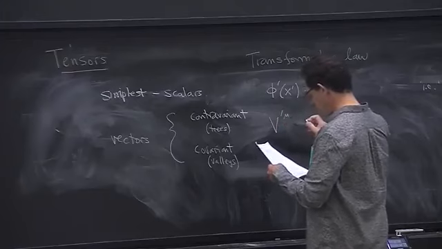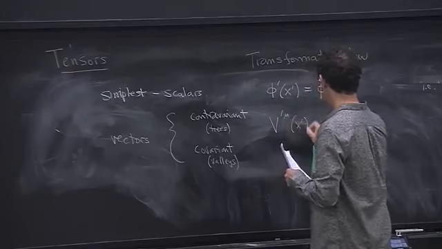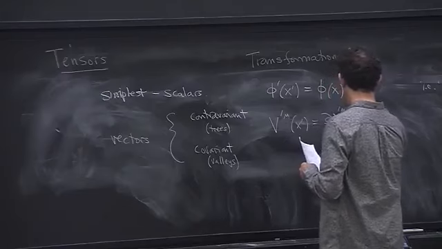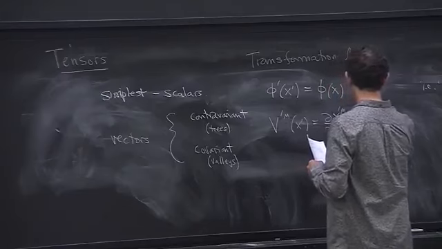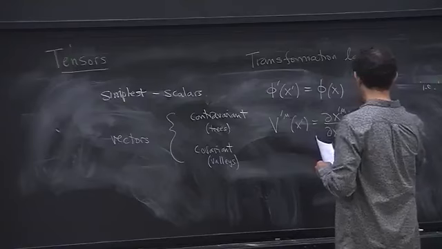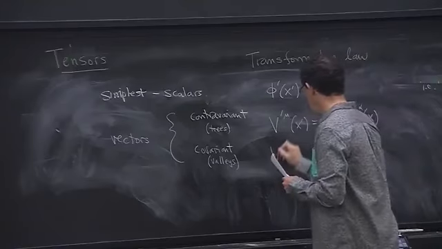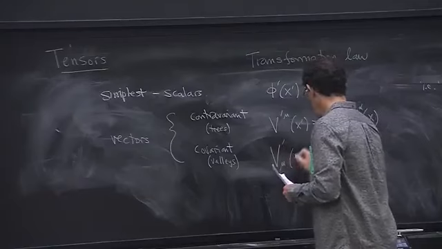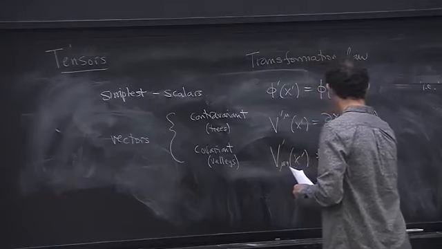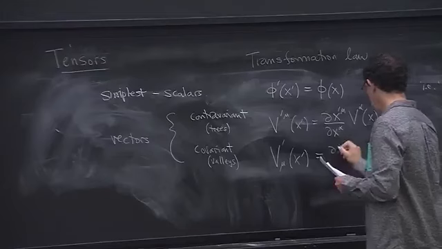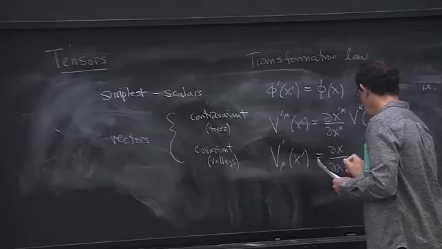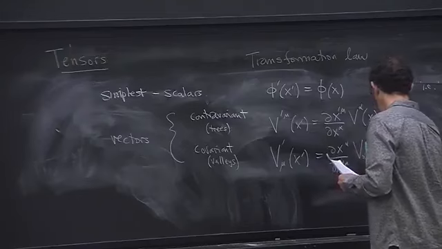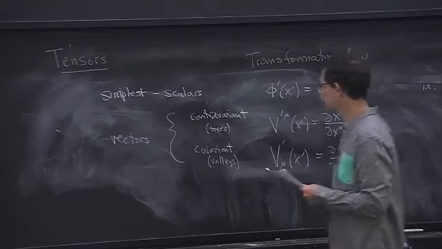v prime mu of x prime is dx prime mu dx alpha times v alpha of x, and covariant vectors, v prime with the lower index, transform with the inverse transformation matrix, dx alpha dx prime mu times v alpha of x.